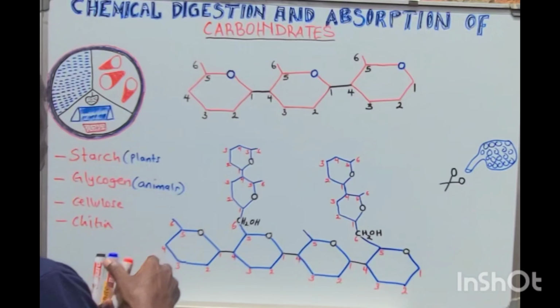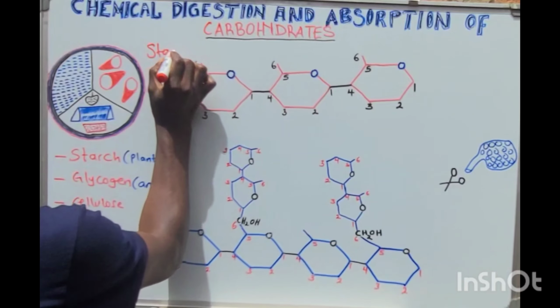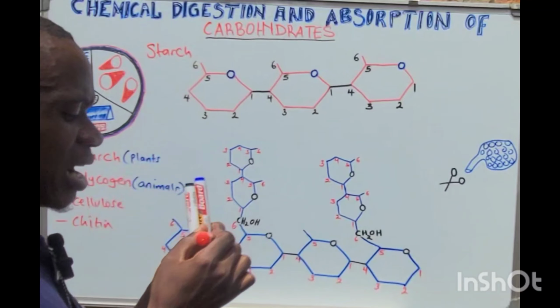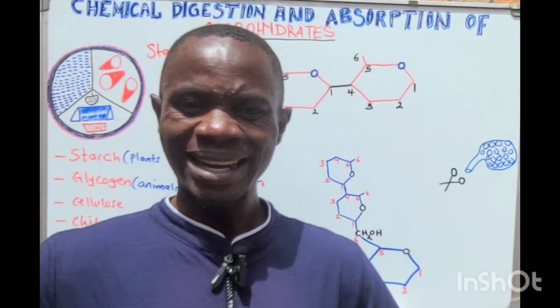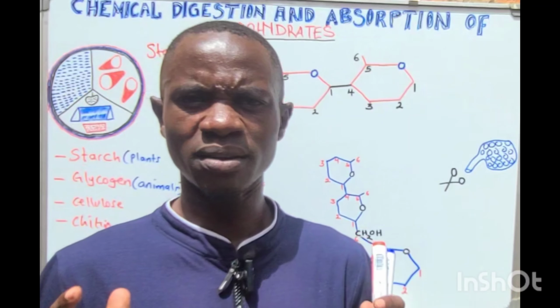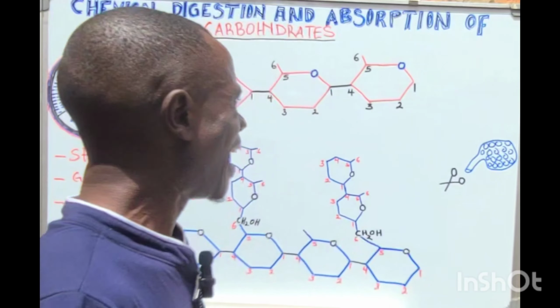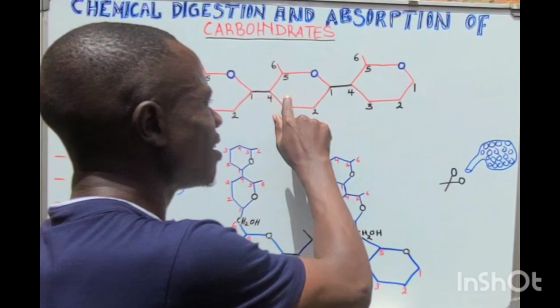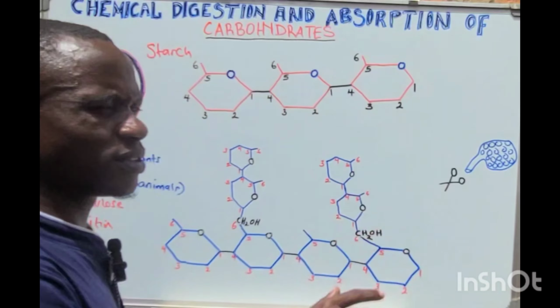Now the question is, we are paying much attention to starch, so what are the most important molecules that make up starch? That is a big question to ask ourselves. The most common molecules that make up starch are long chains of polysaccharide.